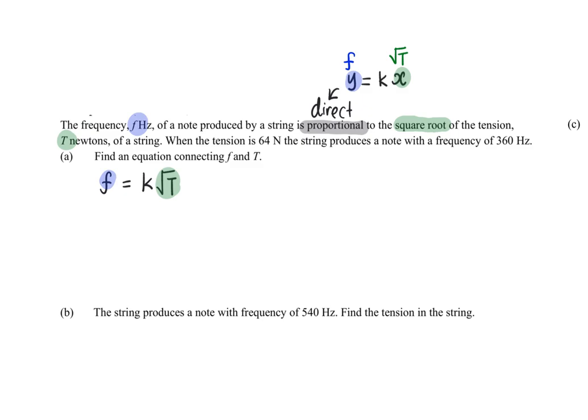Then, take note, for 360 Hertz, the tension is 64 Newton. And from these two values, when we substitute in, that's where we can find the value of k.